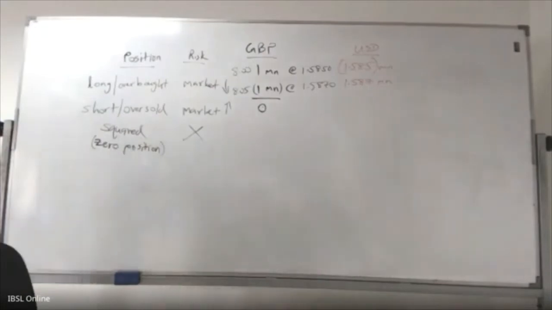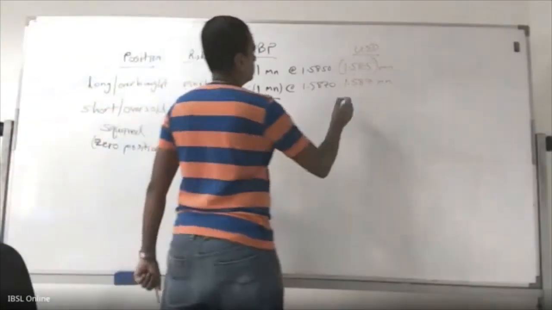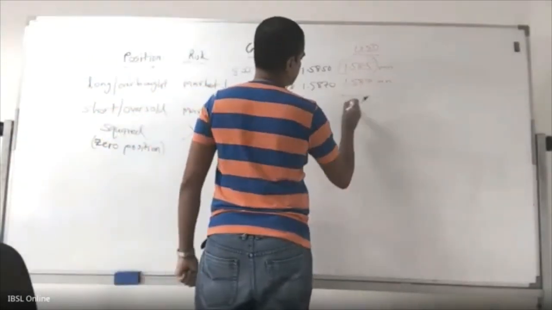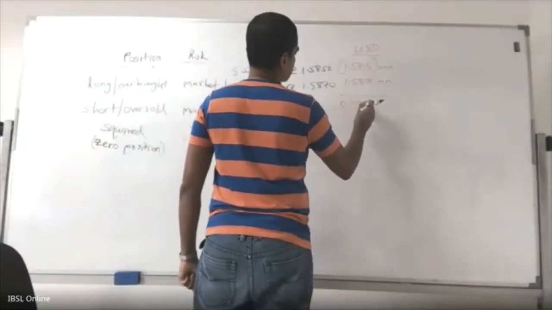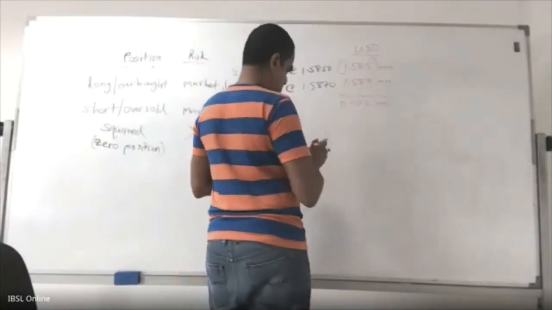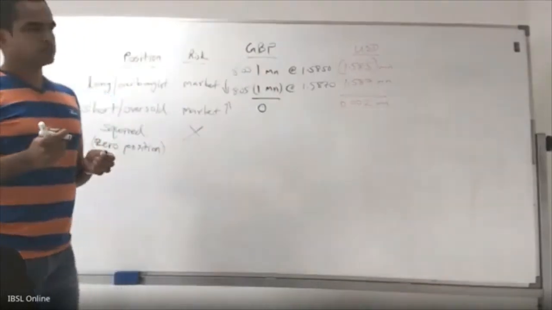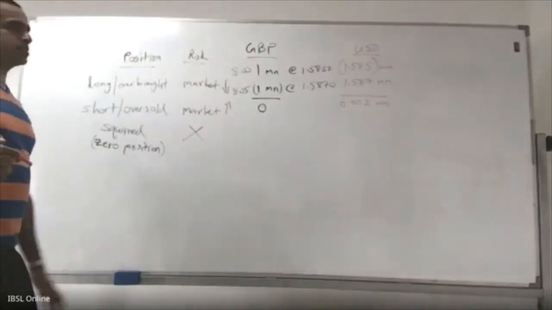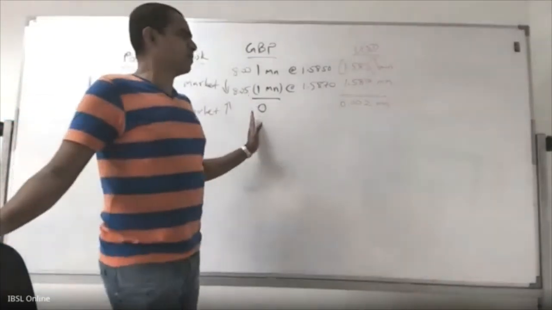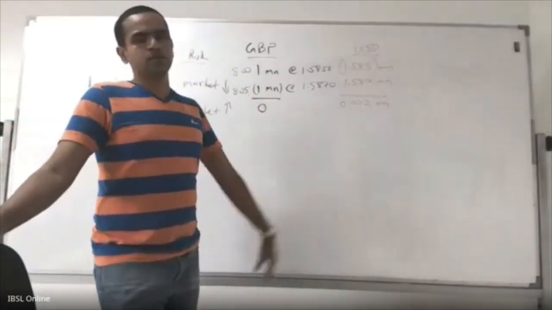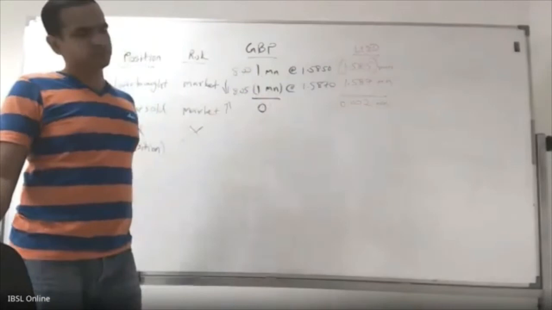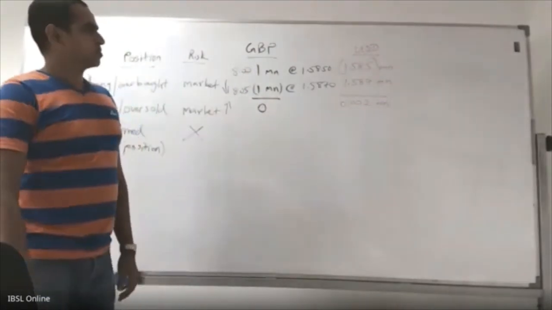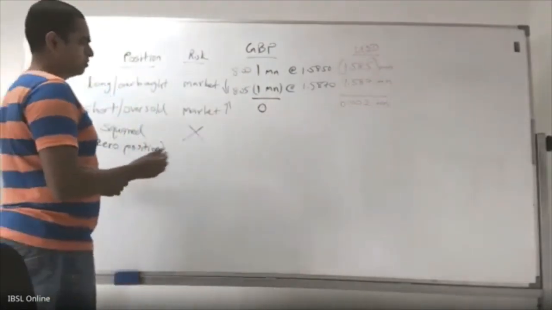Sterling position is 0. Your dollar position is 0.002 million. Right? Which means if you square off 5 minutes later, you'll make a $2,000 profit. If you had gone long, okay, you had gone long.